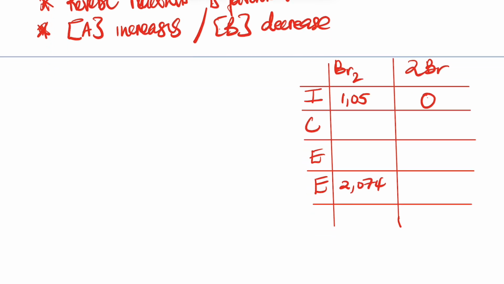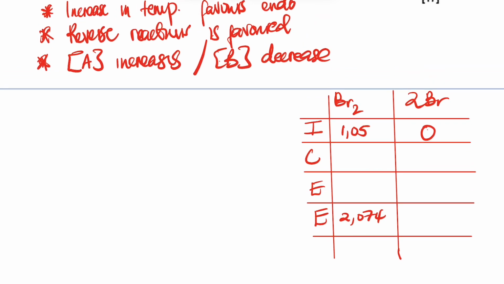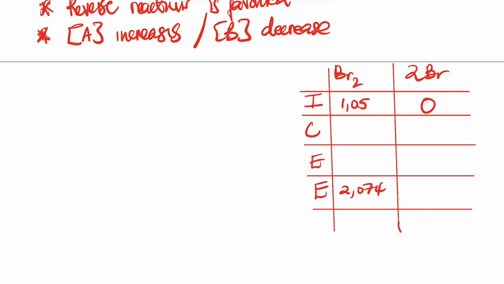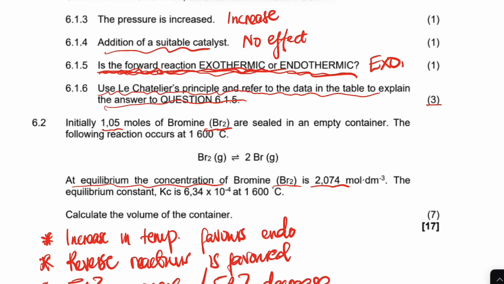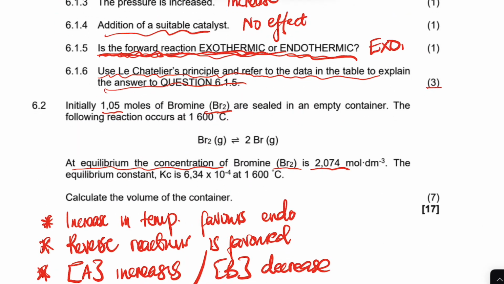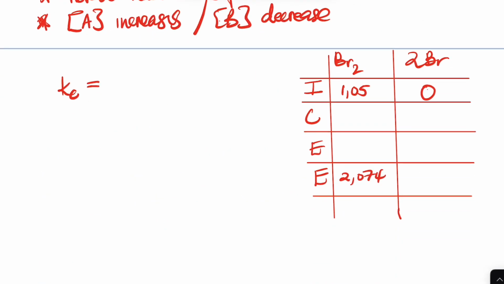So we're going to make use of Kc and the concentration that we have. Kc is equal to the concentration of product. The product is Br, so it's the concentration of Br to the power 2 divided by the bromine gas to the power 1.